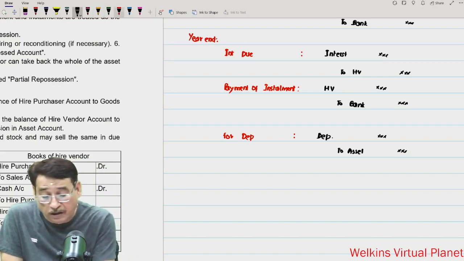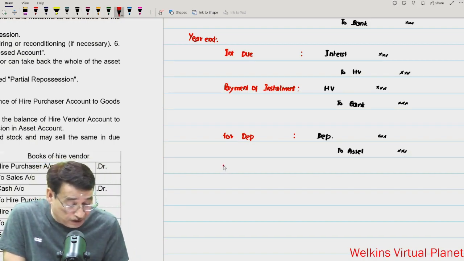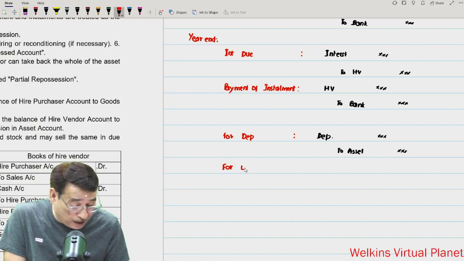Then finally, just for the sake of understanding, at each year end he will also pass an entry for writing off depreciation and interest.